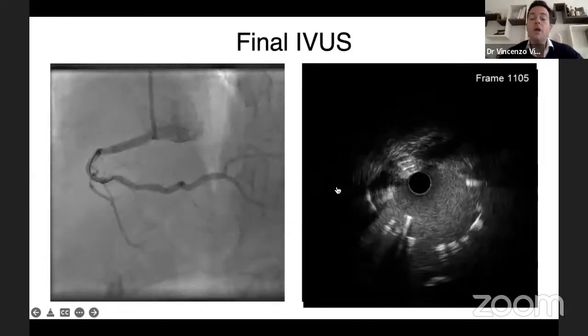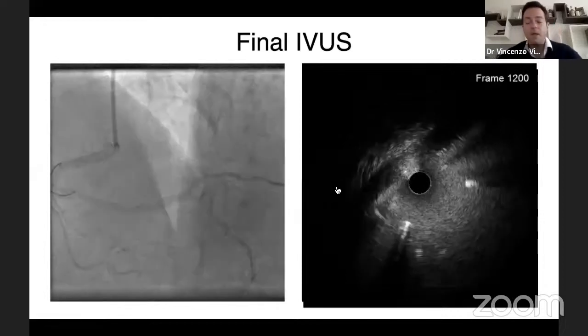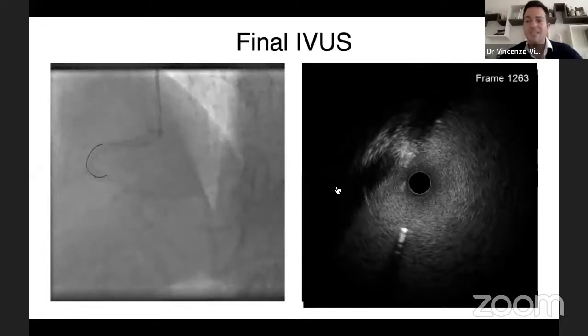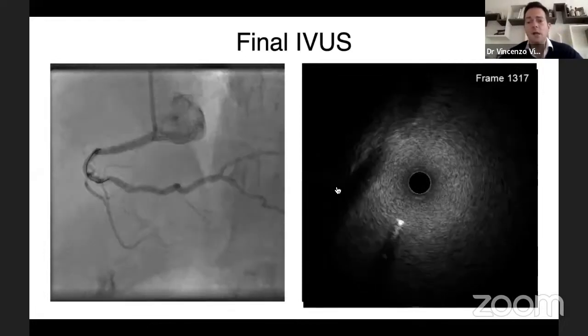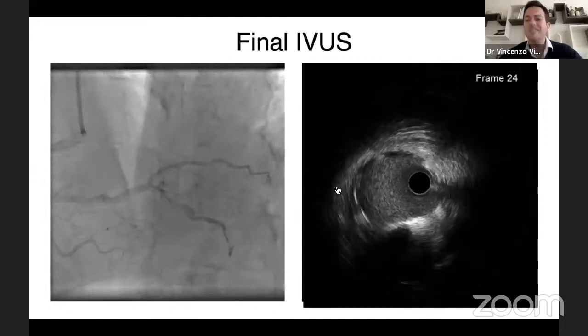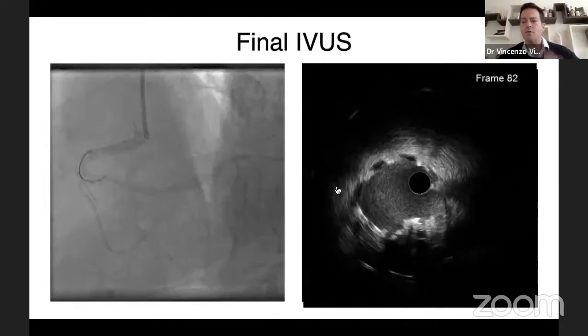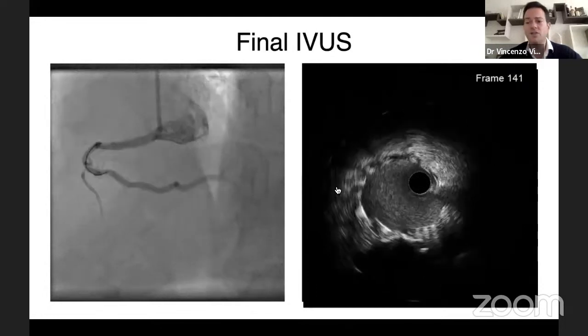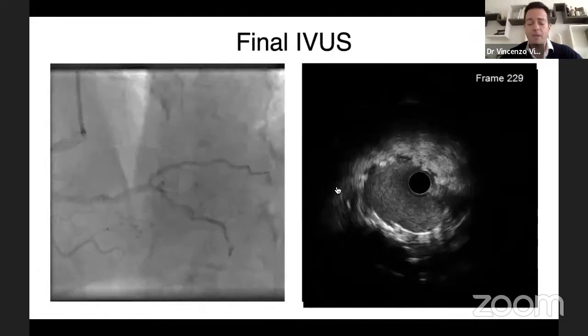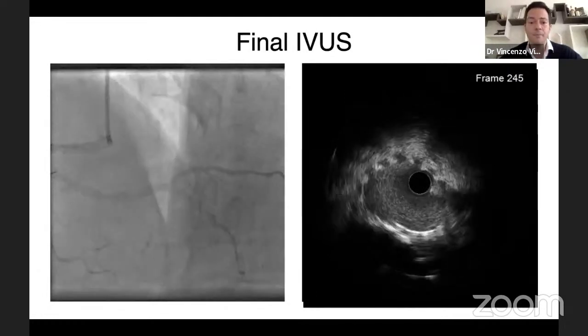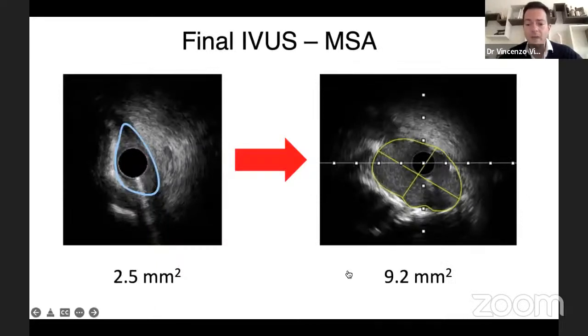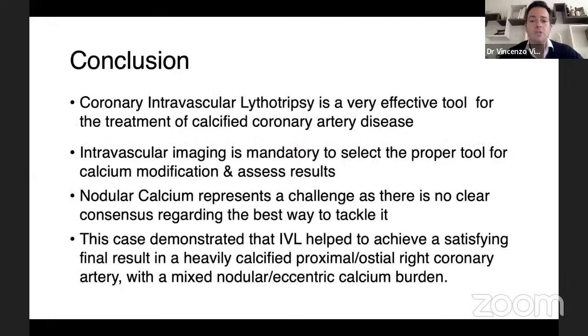Also, we know that eccentric expansion of stents is not clearly a problem in terms of long-term outcome, as long as you reach a good MSA. And in fact, we had a good MSA of 9.2 millimeters squared with a 2.5 millimeters squared starting point.